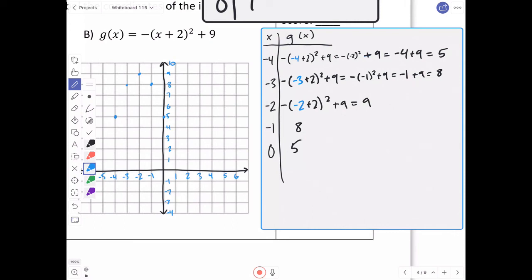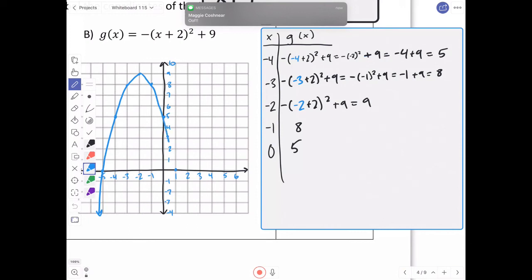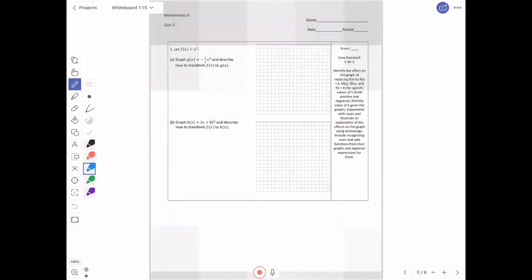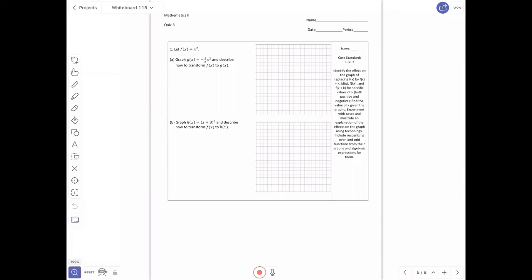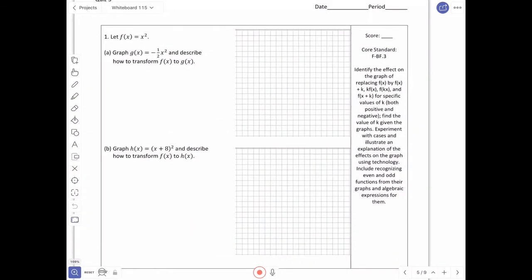I plugged in 1, 0, 0. So I had that graph of g of x. Okay. Most recent quiz.